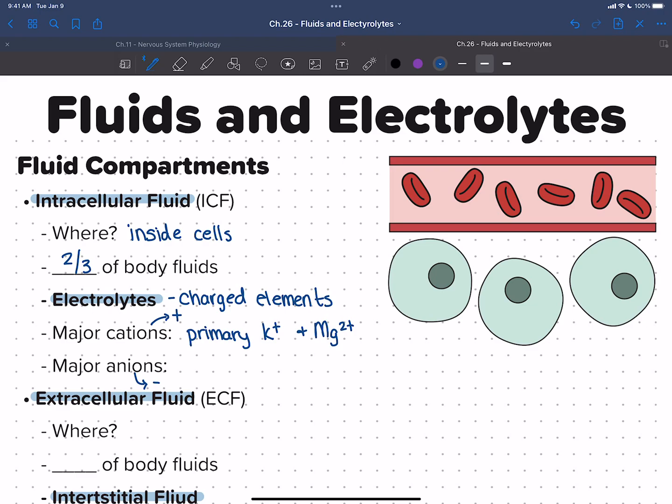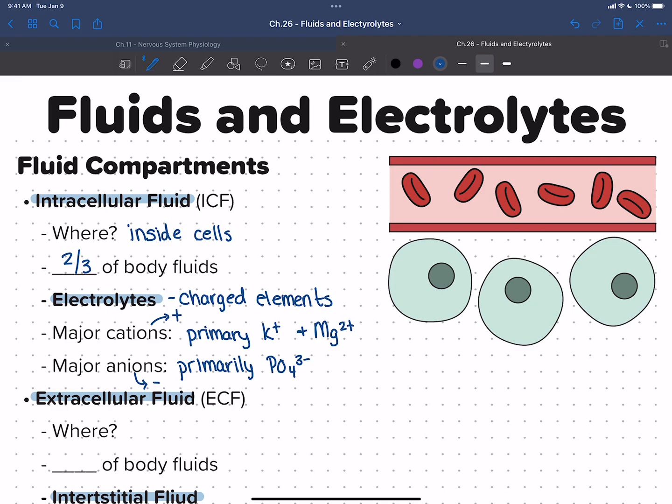And then for our anions, our negatively charged molecules, primarily we are going to see phosphate ions, PO4 3 minus.